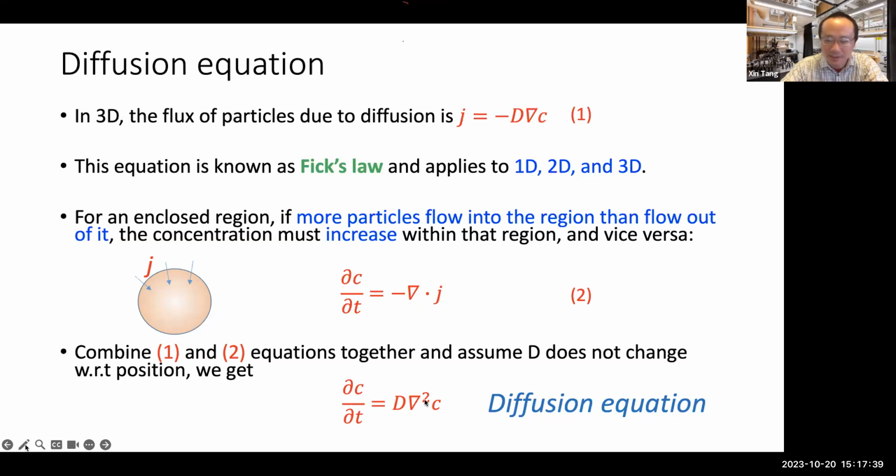Okay? So this equation is very useful in mathematical physics. It is called the diffusion equation because it was originally derived the way we just derived it, based on diffusion theory. But this equation format can be found in many other physics topics.